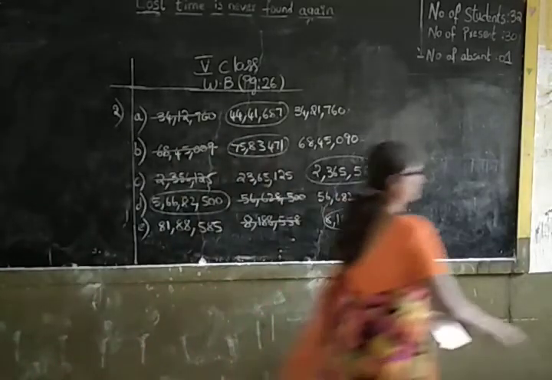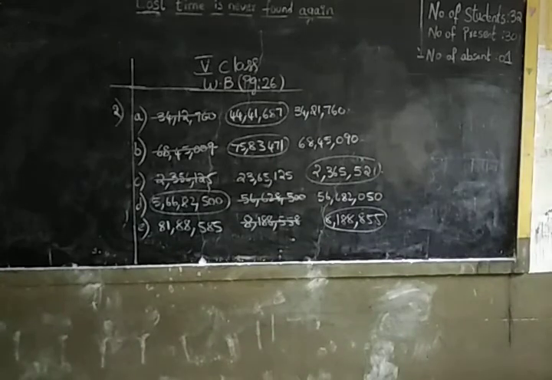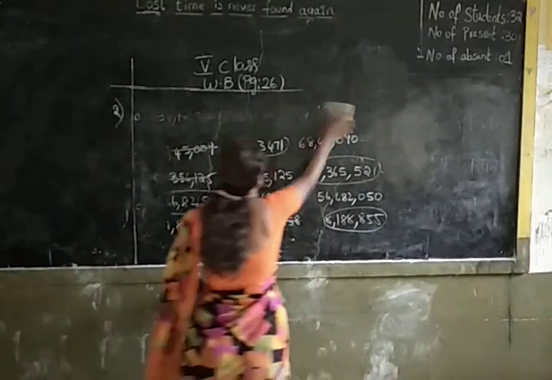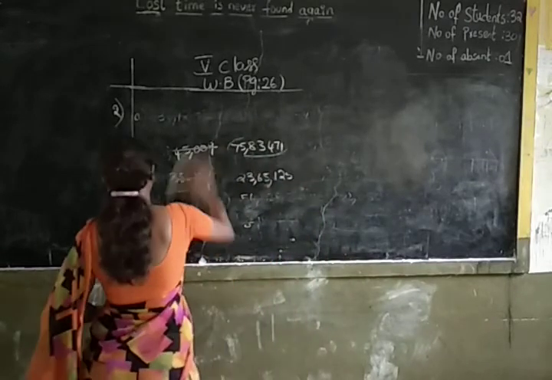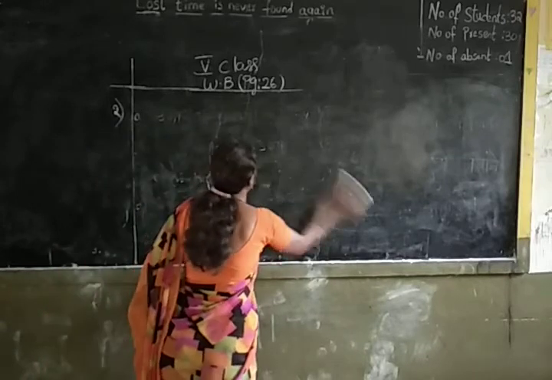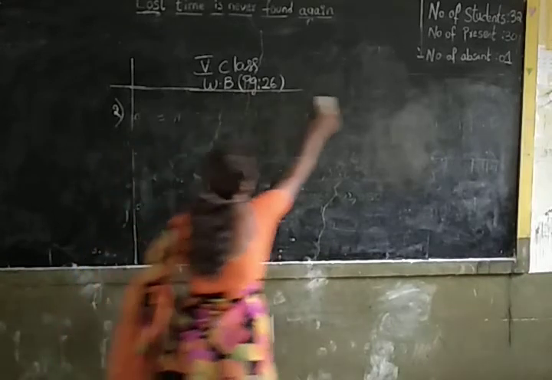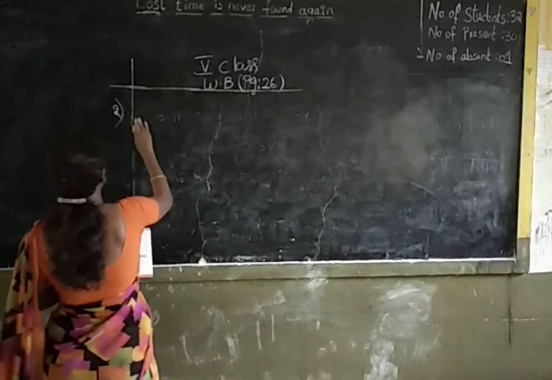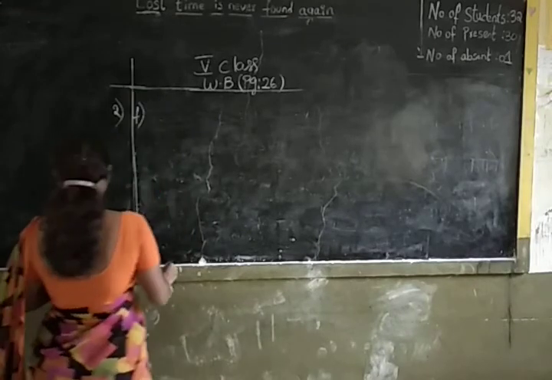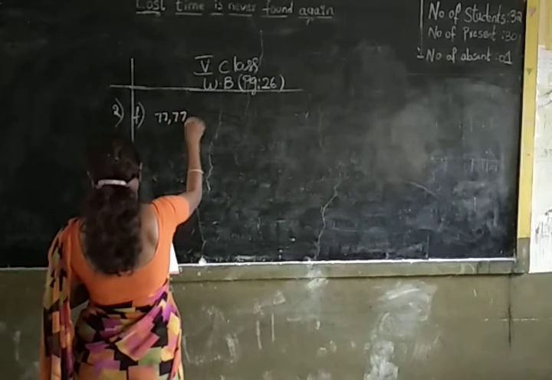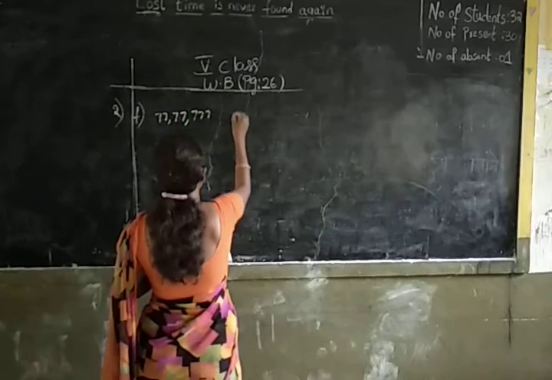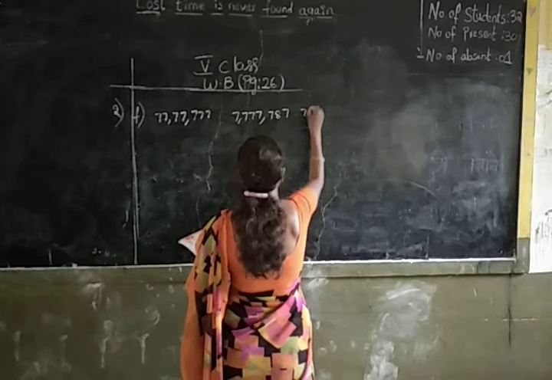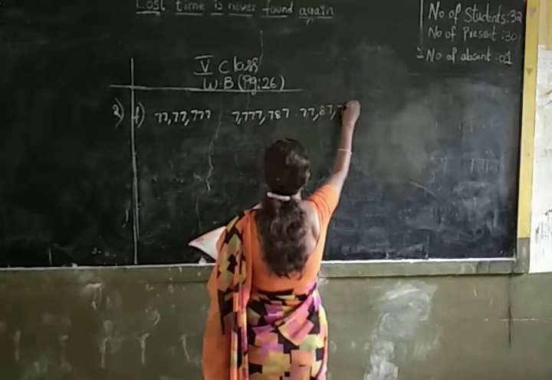Now, okay, now let us do the F sum. 77,77,777, 7,777,787, 77,87,787.